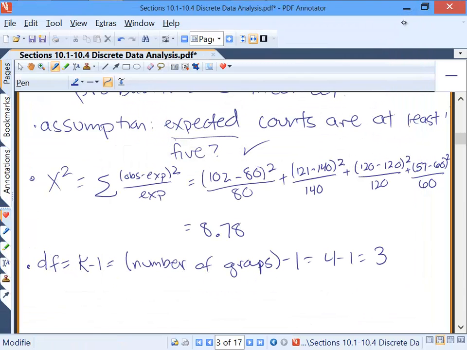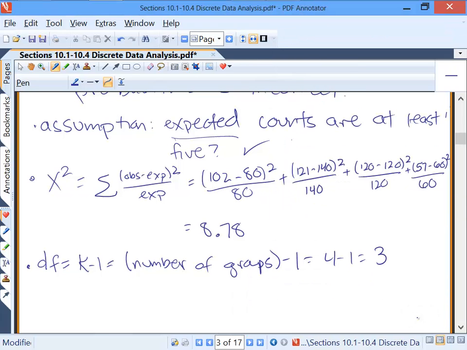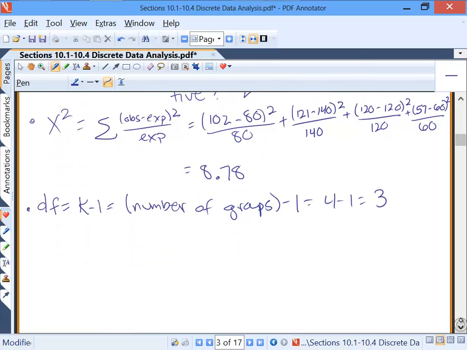Actually, guys, I don't have the chi-square table on here, I don't think. Let's just draw a picture though, for future reference.